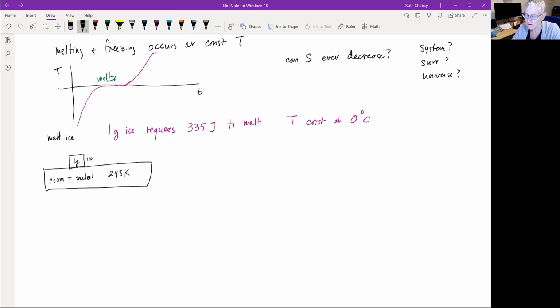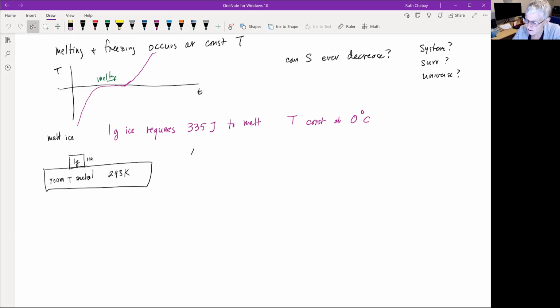And in this process, the temperature of both of these things is constant. The temperature of the ice is constant because it's melting. The temperature of the metal is essentially constant because it's a big hunk of metal, and a little teeny bit of energy flowing out doesn't actually change its temperature very much.